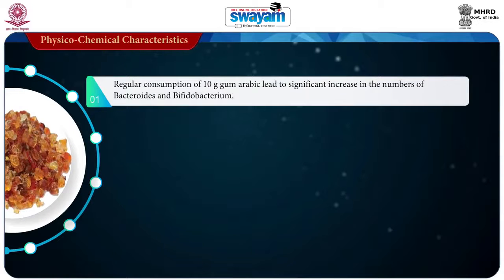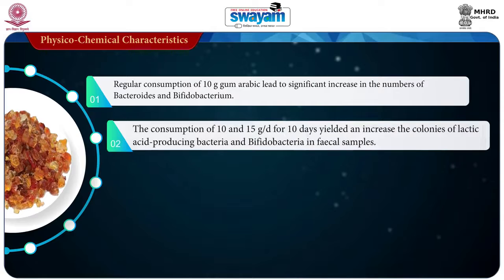Studies in human volunteers have indicated that regular consumption of a fixed quantity of gum arabic led to a significant increase in the number of bacteroids and bifidobacterium in the gut. Similarly, the consumption of 10 to 15 grams of gum arabic for 10 days yielded an increase in the colonies of lactic acid producing bacteria and bifidobacterium in the fecal samples as well.